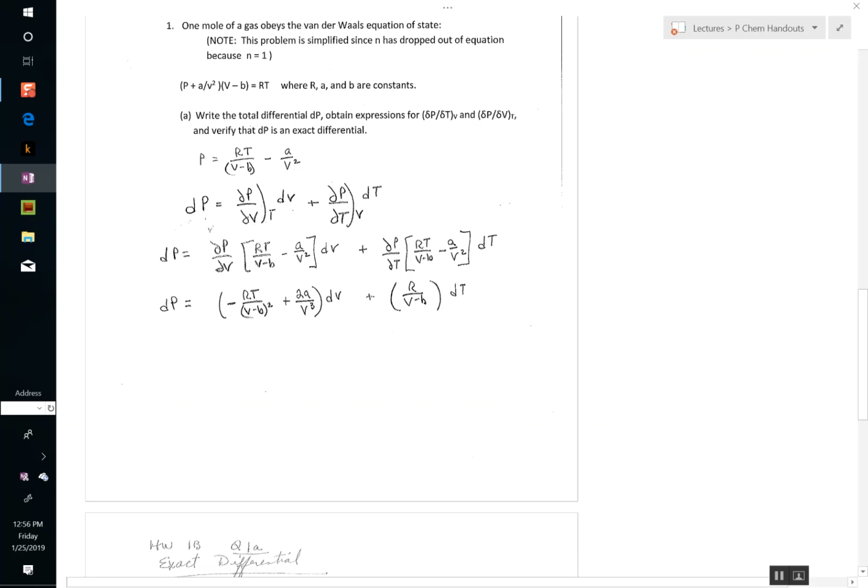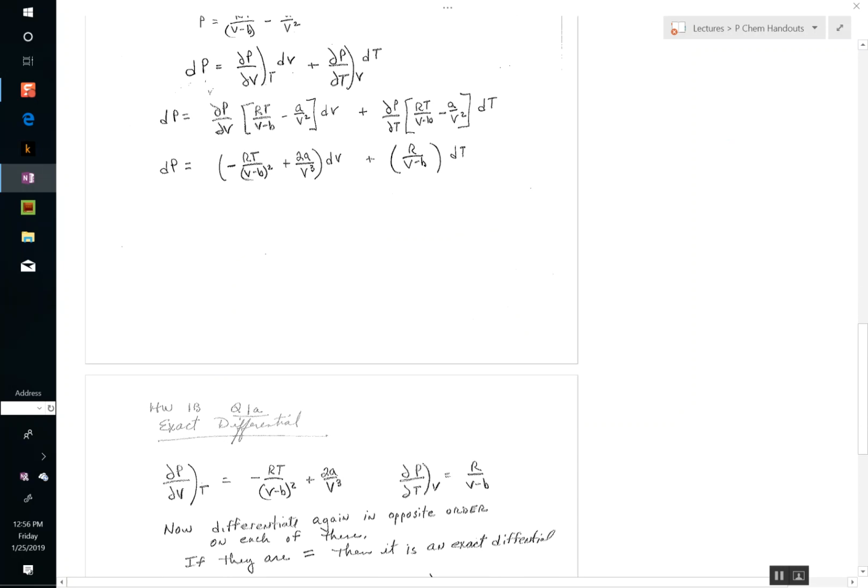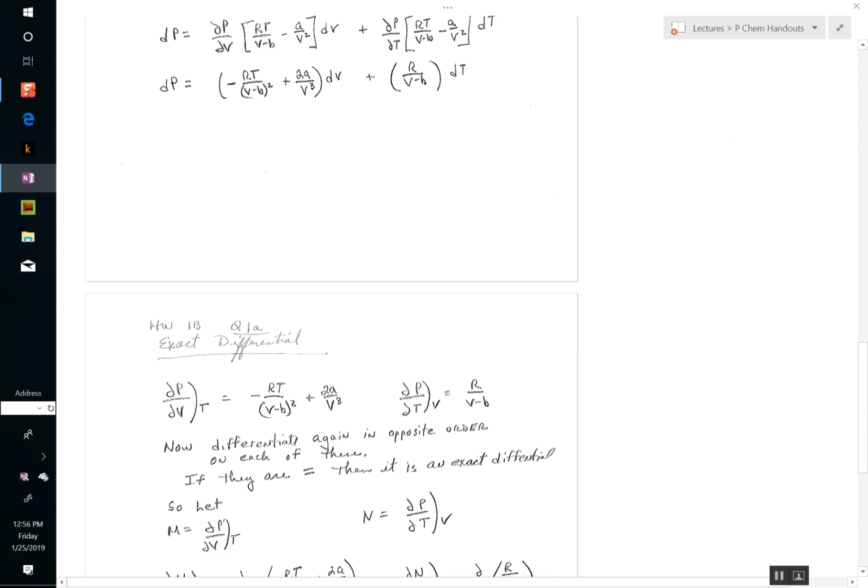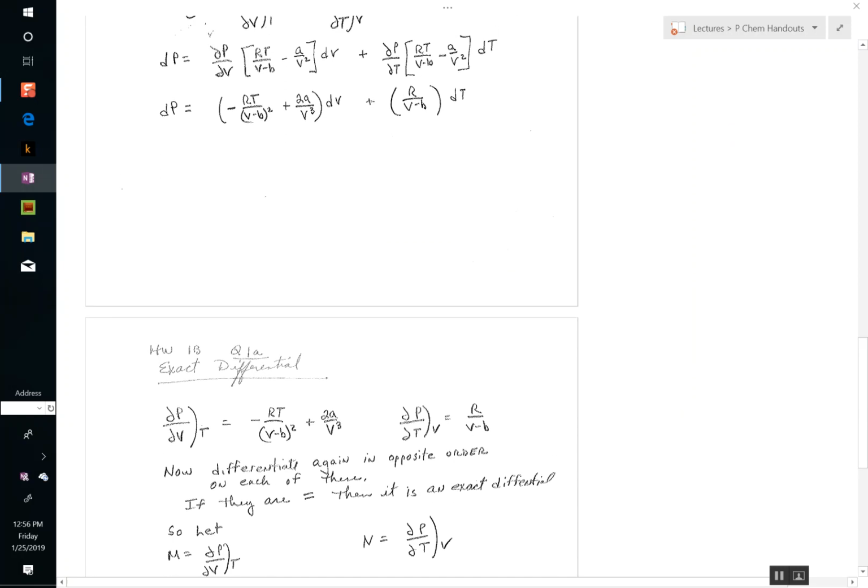What do you mean by which order? Well, here's an example. Up above we've got the partial p with respect to v at constant T is this, and up there we've got the partial p with respect to T at constant volume is that.